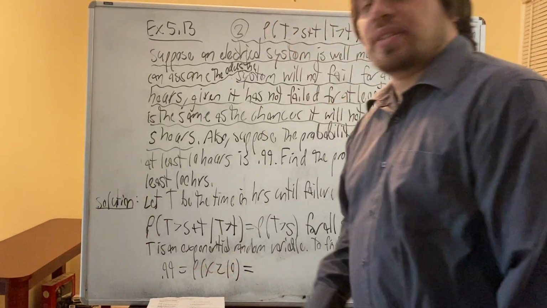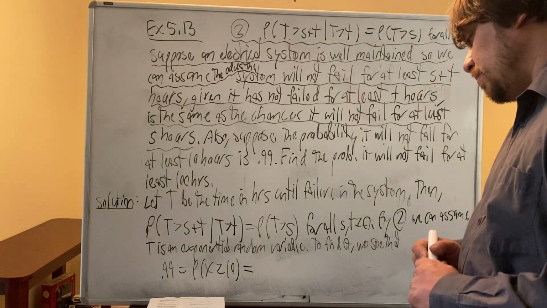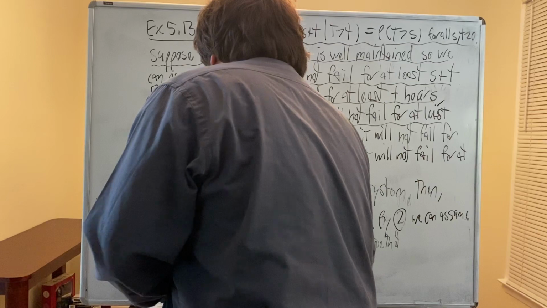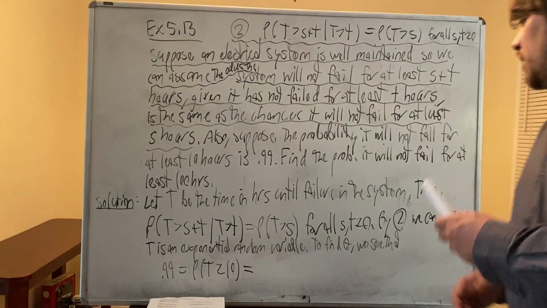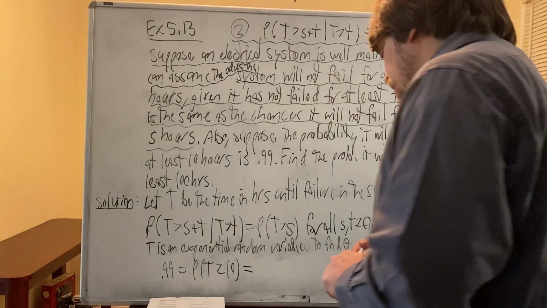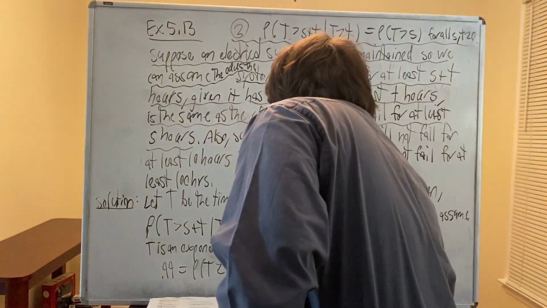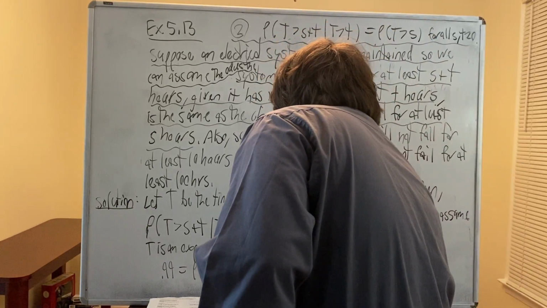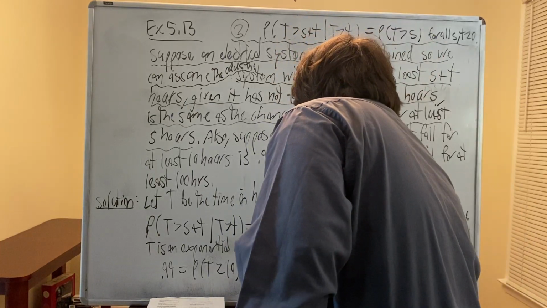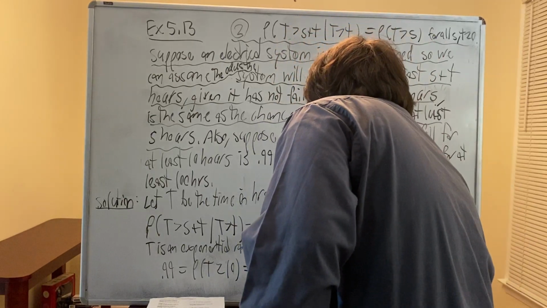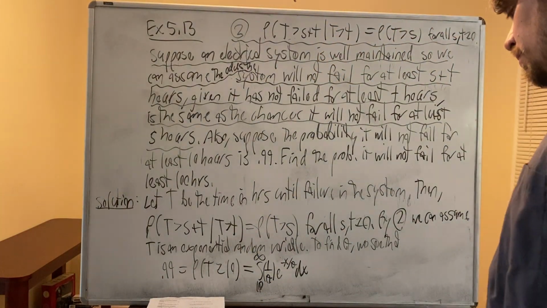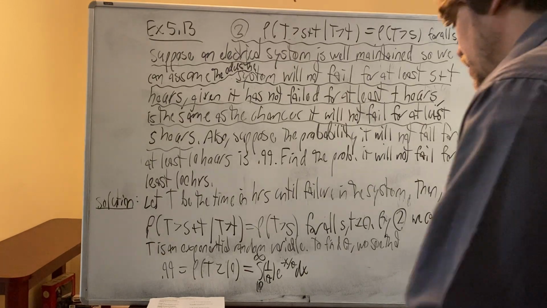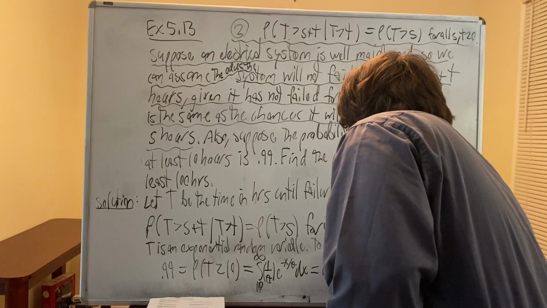So 0.99 is the probability that the wait time T is greater than or equal to 10. And so that's equal to the integral from 10 to infinity of 1 over theta e to the negative x over theta dx. And so if you keep theta constant and you calculate this integral of x, you get that this is equal to e to the negative 10 over theta.